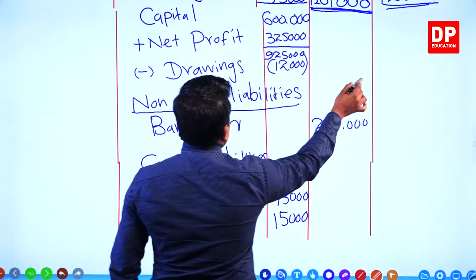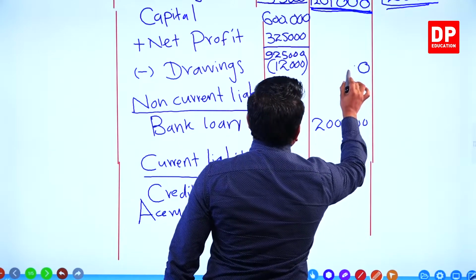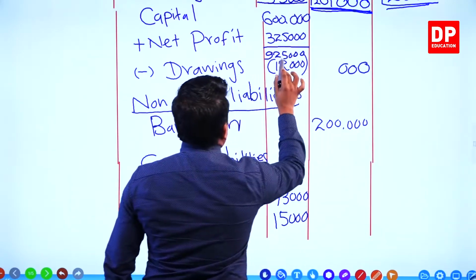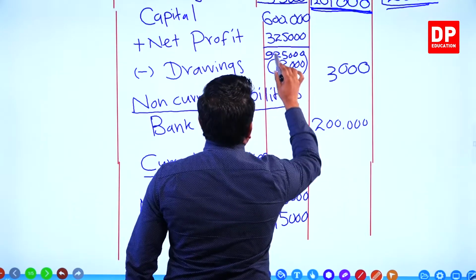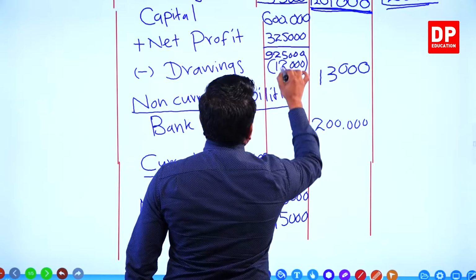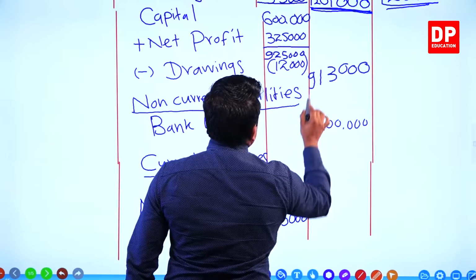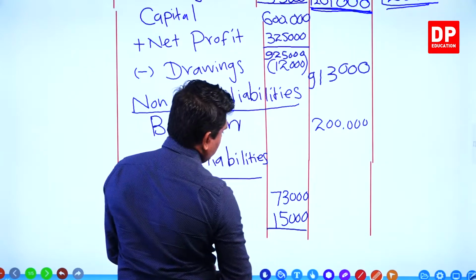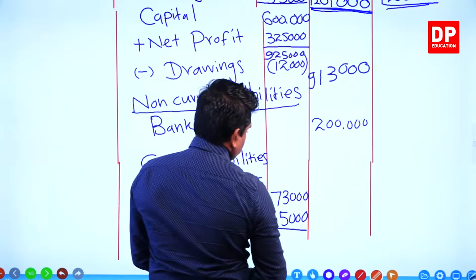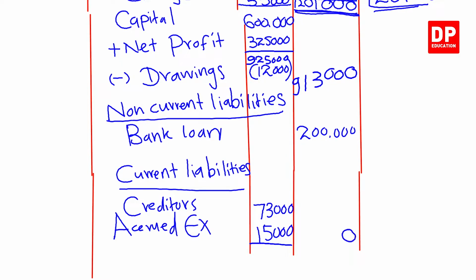Then the answer you bring to the next one. 0, 0 and 0. 5 plus 5 minus 2, 3. 1, 9. 913,000, right? Here now we add these two. Then how? 0, 0 and 0. Here 5 plus 3, 8. 88,000, right?